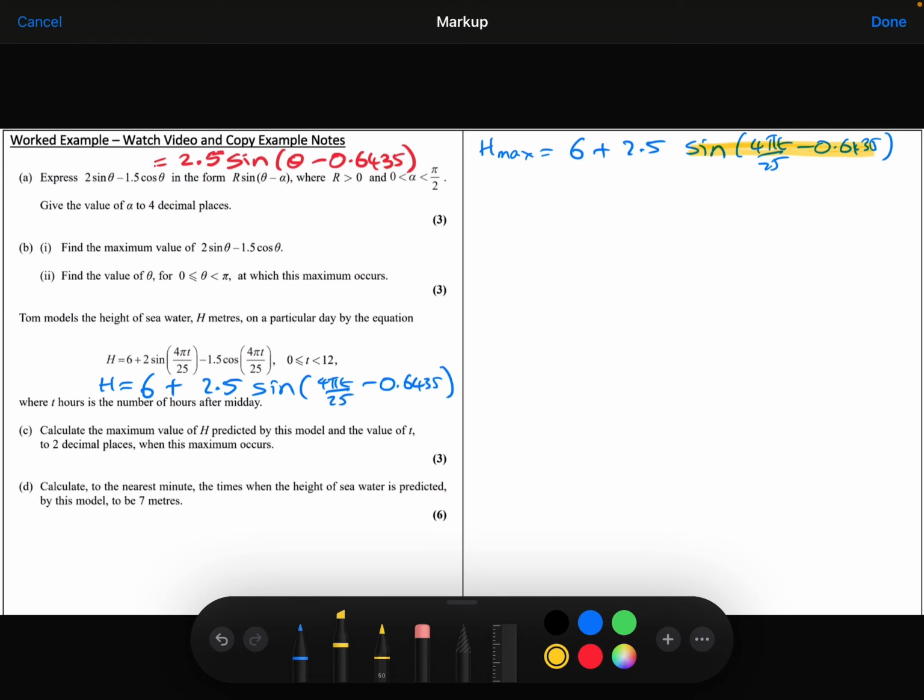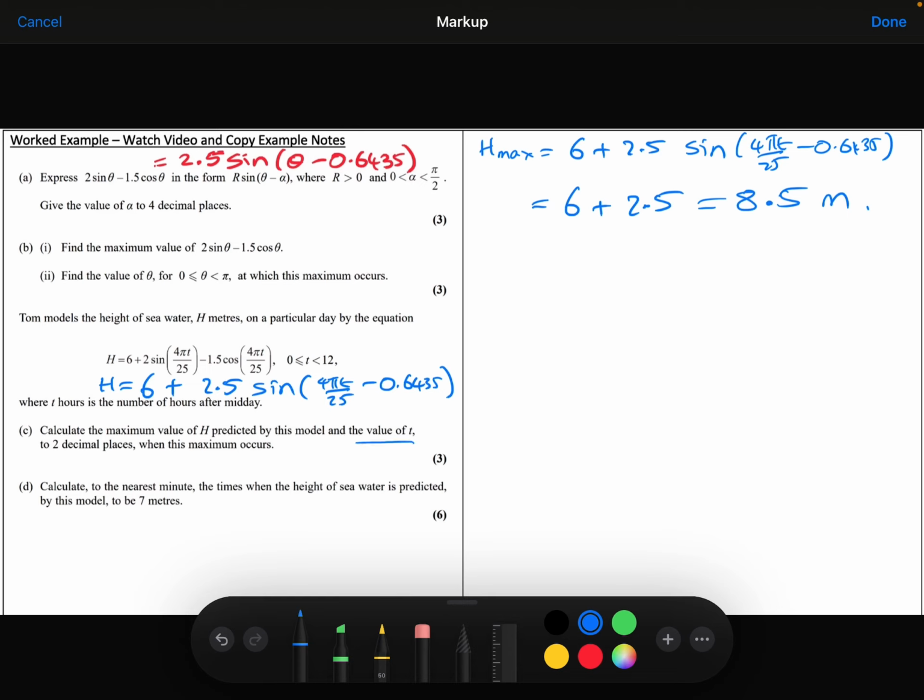Same logic as we were using in part B. So therefore, the biggest that all of this can be is 2.5 times 1, plus the 6 at the front. So 6 plus 2.5 times 1, which is 8.5 meters. That is the maximum value of height.